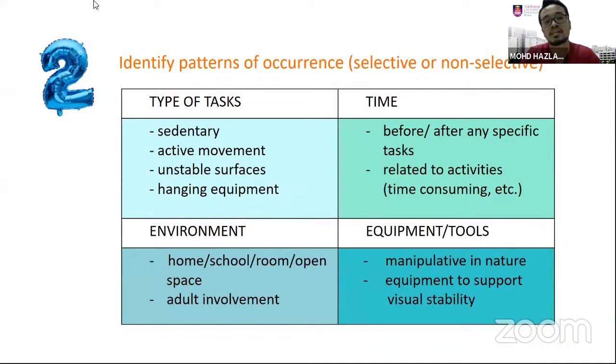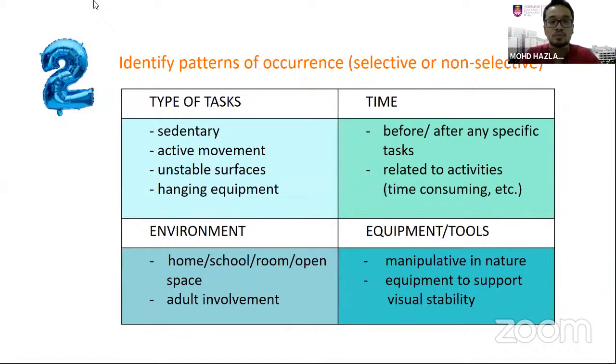So type of task, for example, does the child have visual skills or visual perception problems when it involves sedentary activities, or just active movement, unstable surfaces, hanging equipment? What is it? We need to specify our findings. And then the time, will the child show visual perception or visual skills difficulties before or after any specific task?